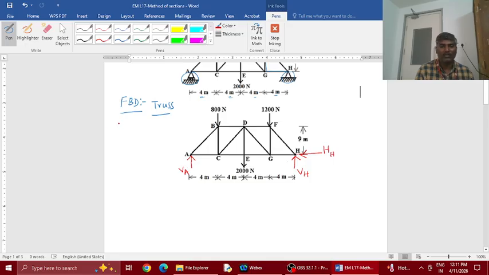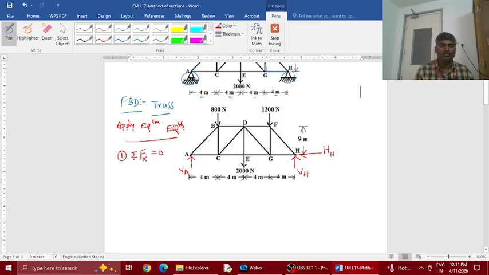So you can apply three equilibrium equations for a body which is in equilibrium and which is under the action of general case of forces. So apply equilibrium equations.